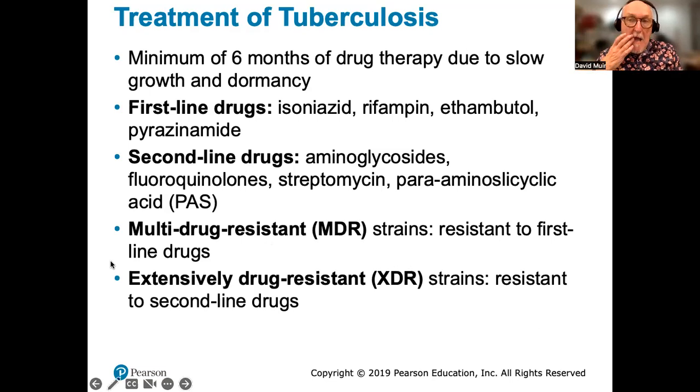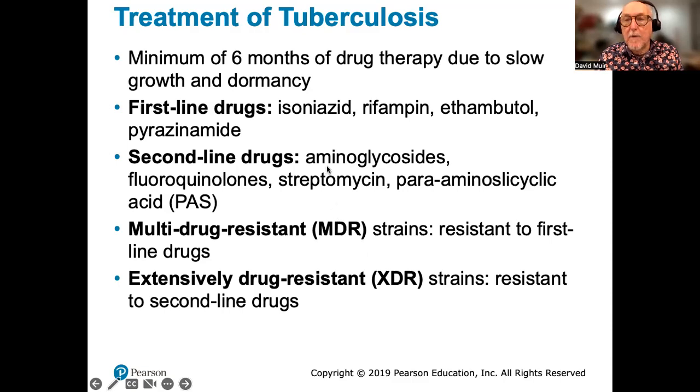But unfortunately, there are two groups of tuberculosis which have become extremely common. And those are the multi-drug resistant tuberculosis strains, which are resistant to all of these. They are resistant to all of the first-line drugs.